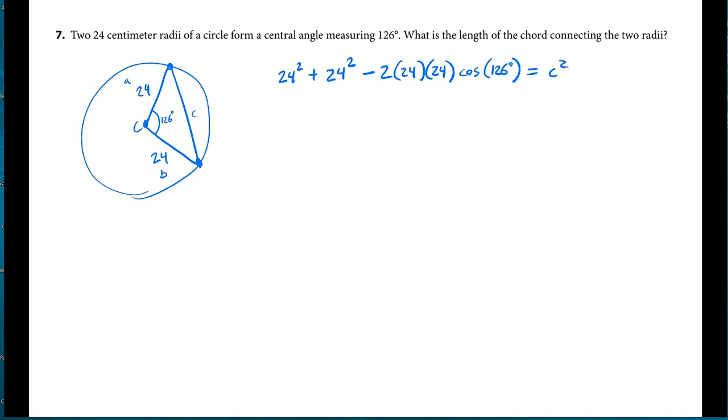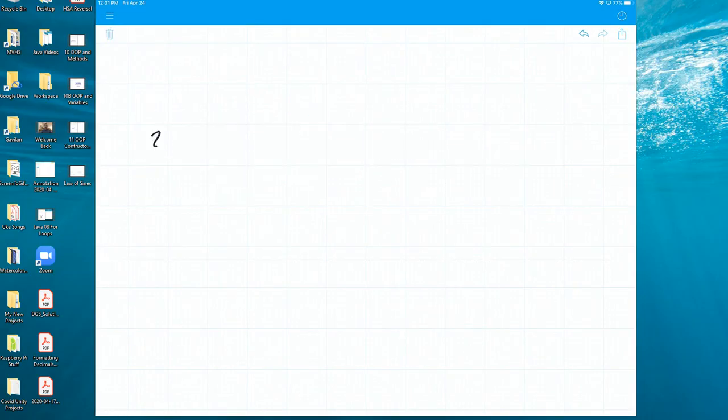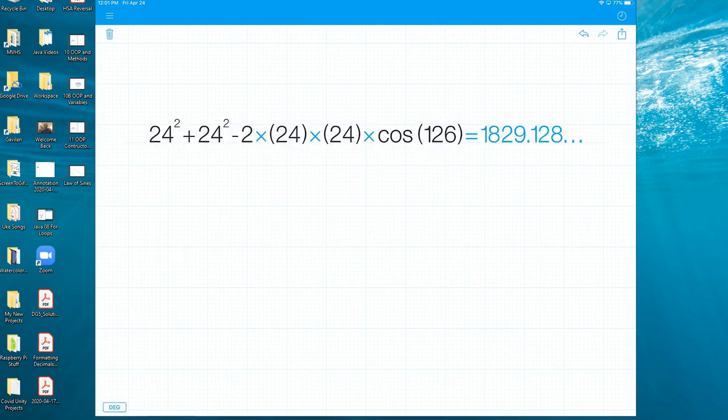I could switch over to my calculator, and we get 24 squared plus 24 squared minus 2 times 24 times 24 times the cosine of 126. And what's that equal to?